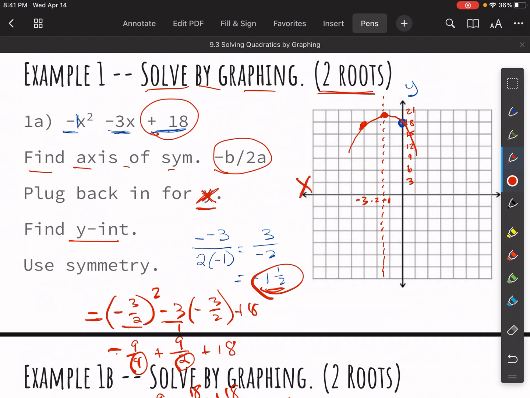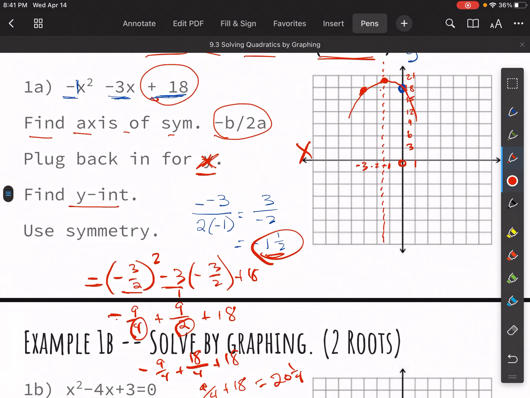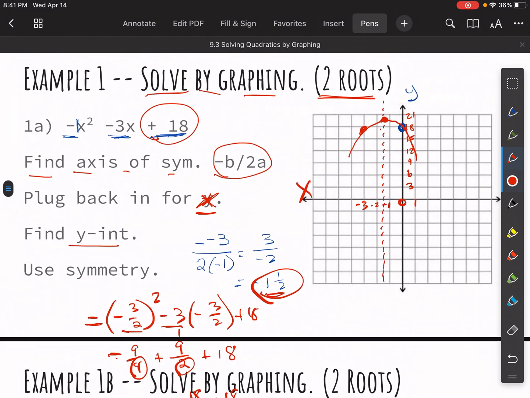So I need to plug some more points in. We can kind of guess what points we need to plug in. This was 0. Let's see what happens if we plug in a positive 1. You're going to plug a 1 into the equation.